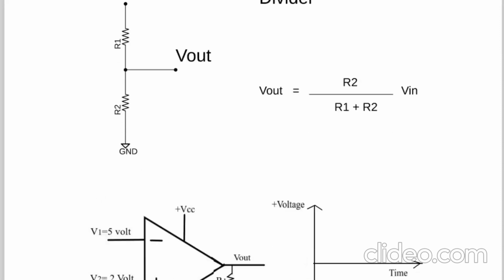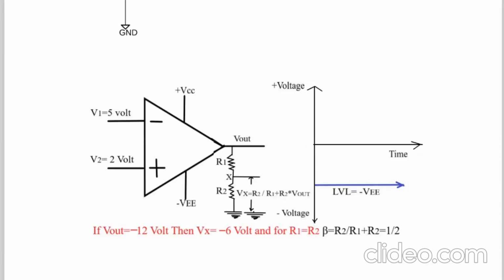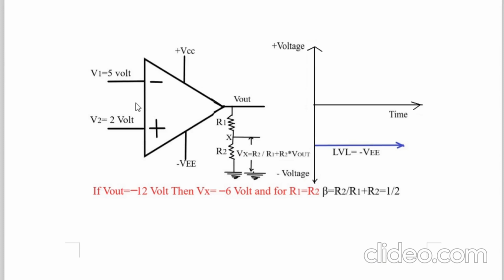Now with this potential divider circuit, what will we do? First of all, I will explain the op-amp which has inverting voltage greater than non-inverting. Means 5 volt is at inverting and 2 volt is at non-inverting. All of you know that for this op-amp the output voltage, see the graph here, will be LVL, low voltage level, because the voltage at the inverting minus pin is greater than the voltage at non-inverting.